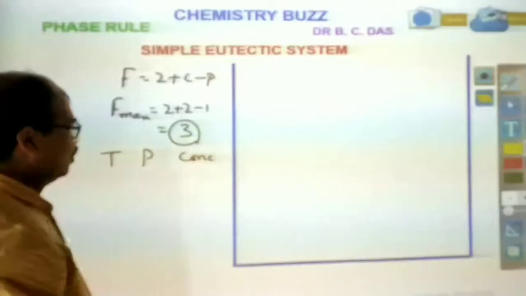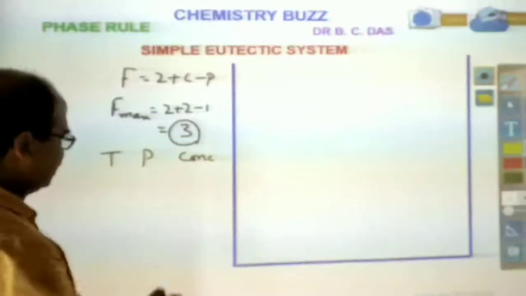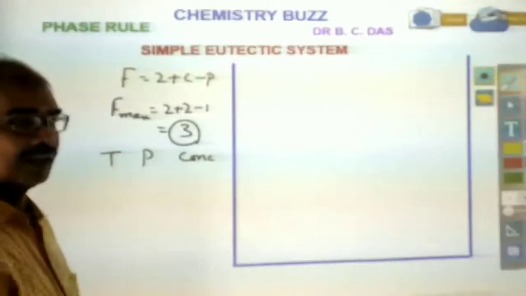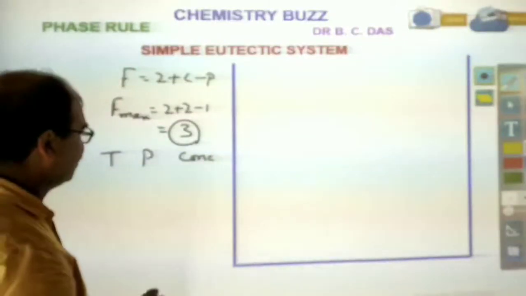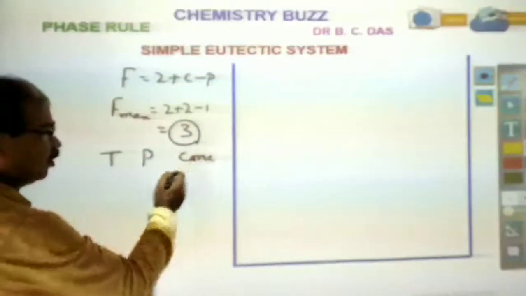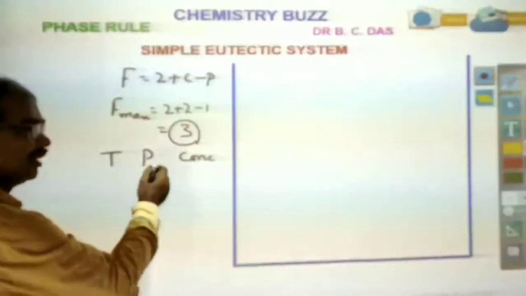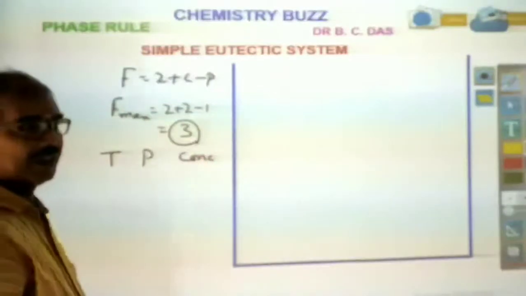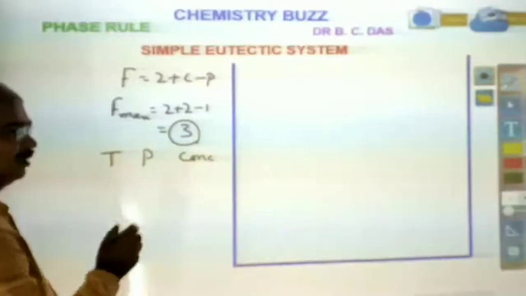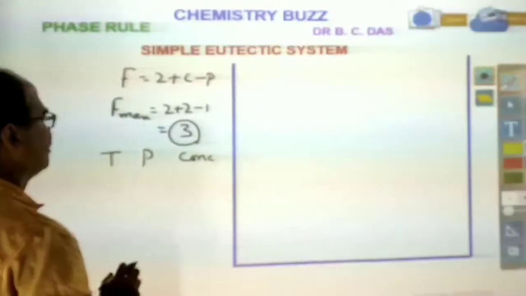So the plotting of this three-dimensional graph, and its interpretation and study, is difficult. So we have to keep one of the variables constant and take two variables at a time for the study, and that will be the condensed phase rule.